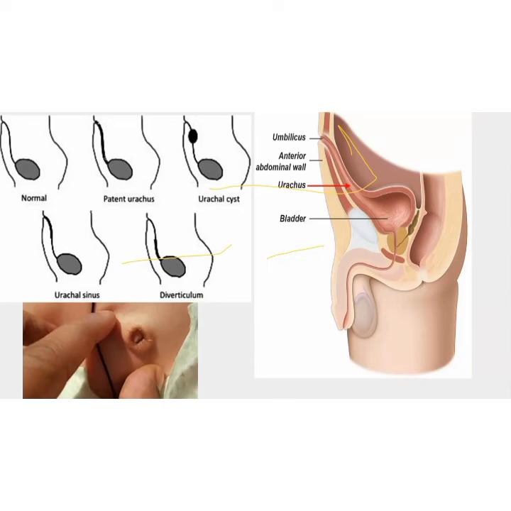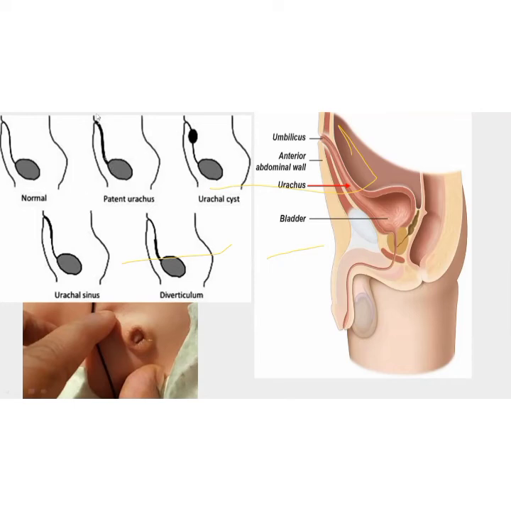So it is a canal that drains the urine formed within the urinary bladder of the fetus, and it runs inside the umbilical cord. And this is the usual happening. Sometimes there will be some anatomical variations.